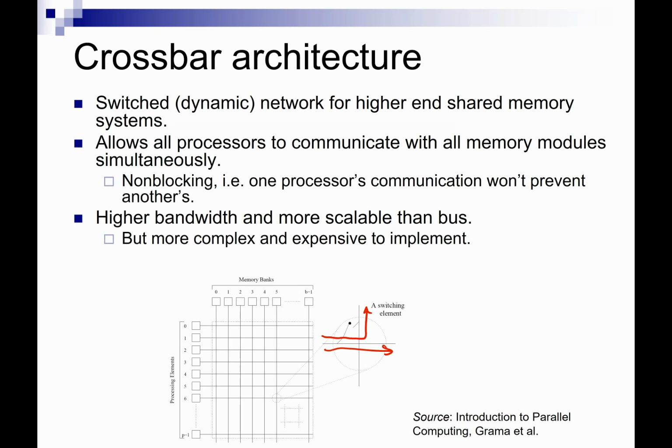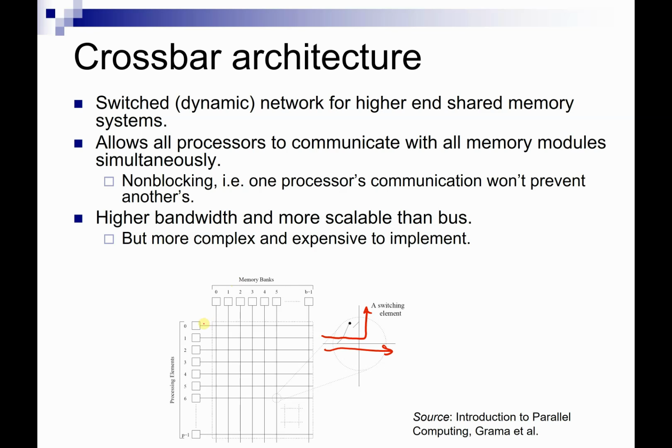In fact, this crossbar is non-blocking in the sense that it allows all of the processors to communicate with each other simultaneously. For example, if we have P processors over here and B memory banks over here, we can implement any memory access pattern.